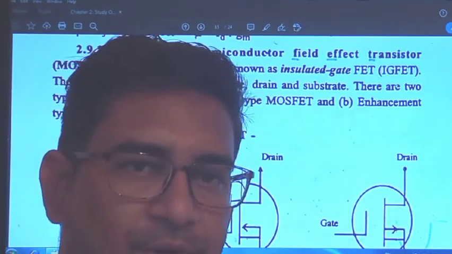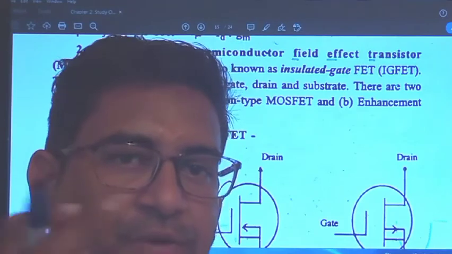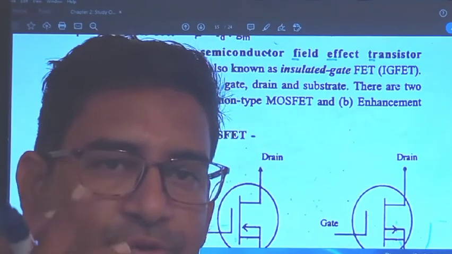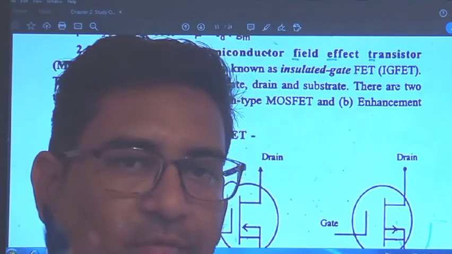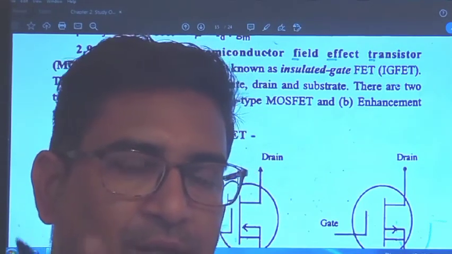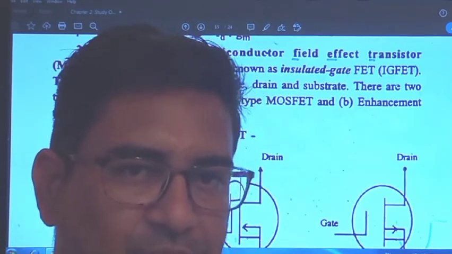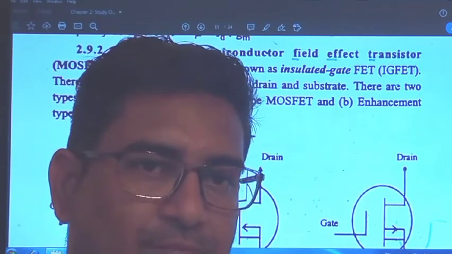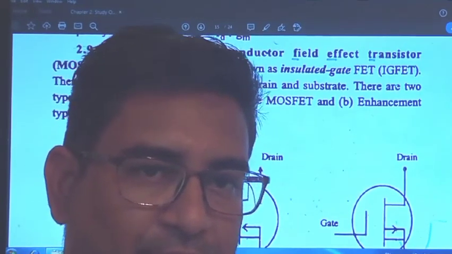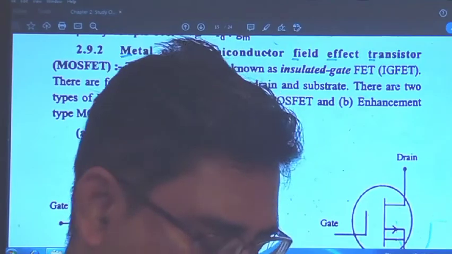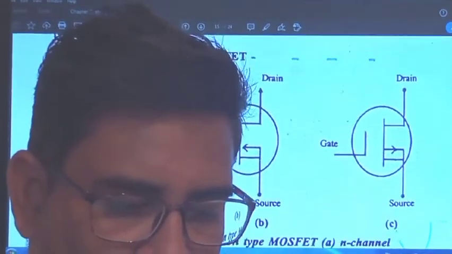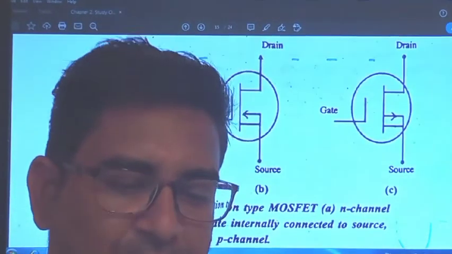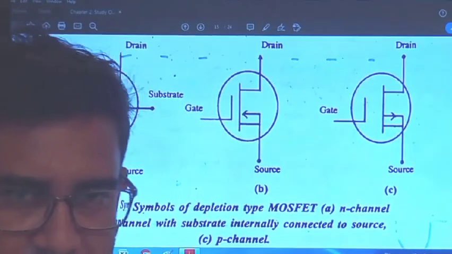In a JFET, that is a junction field effect transistor, only source, drain and gate were considered, but in the metal oxide semiconductor field effect transistor, an extra terminal called the substrate is inserted. Here you have the symbolic representation: the N channel, the N channel with the substrate, and the P channel.